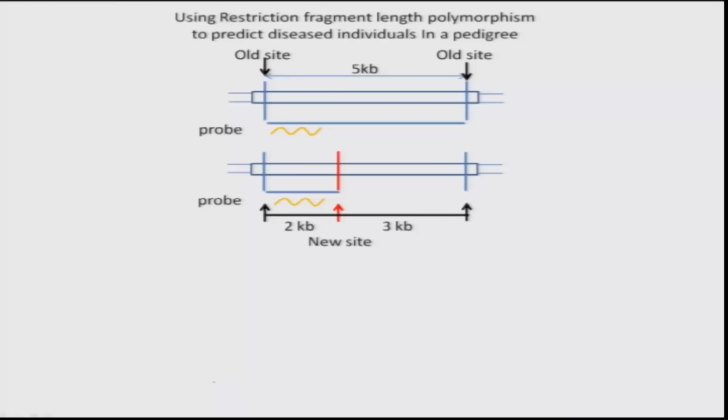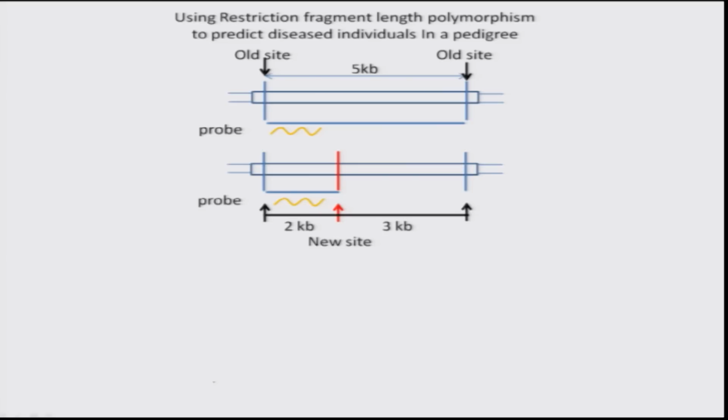And here I have shown that a probe against a specific region of this gene, as you have learned in the southern blot technique in the previous lectures, will give you a band on the autoradiogram of 5 kb. But if there is a polymorphism occurring in this gene in some population, or in case of a disease, then it might introduce a new site into that gene.